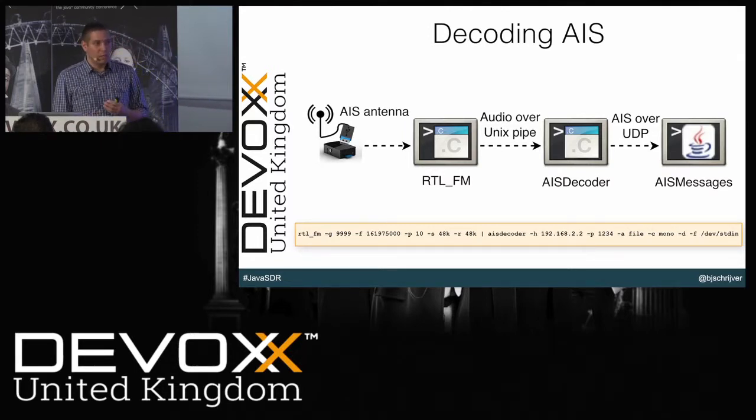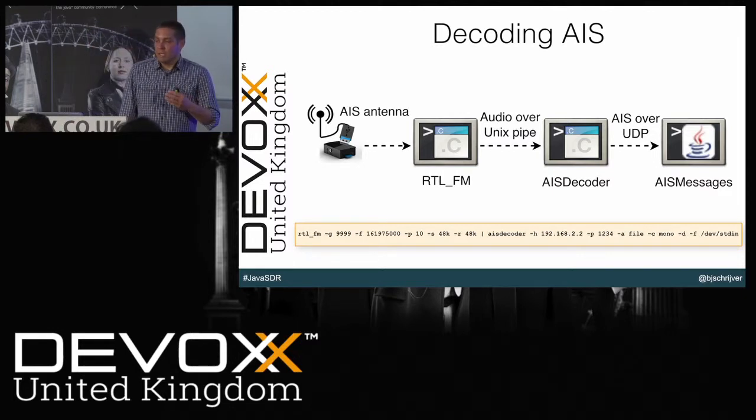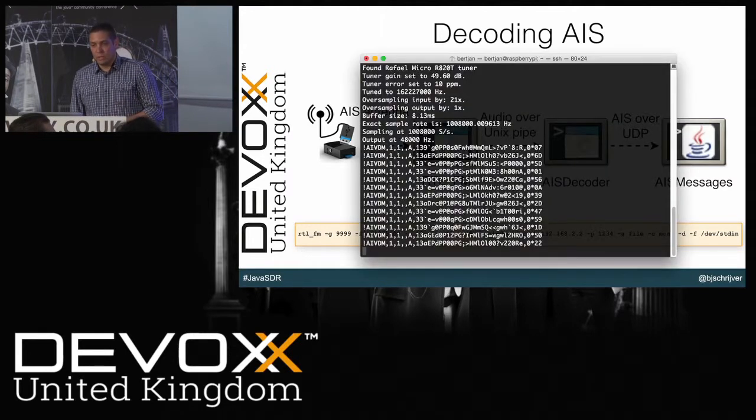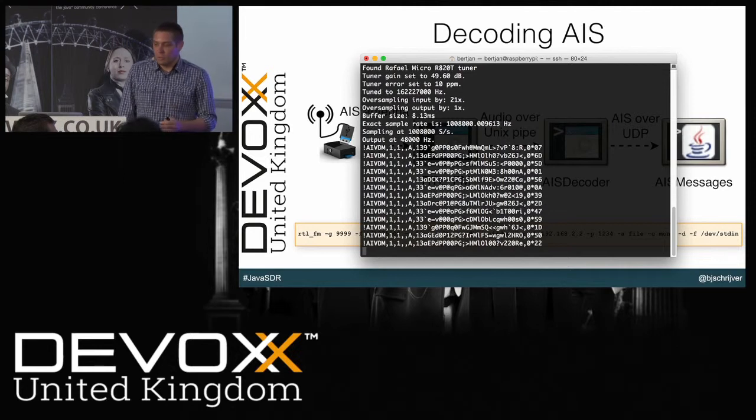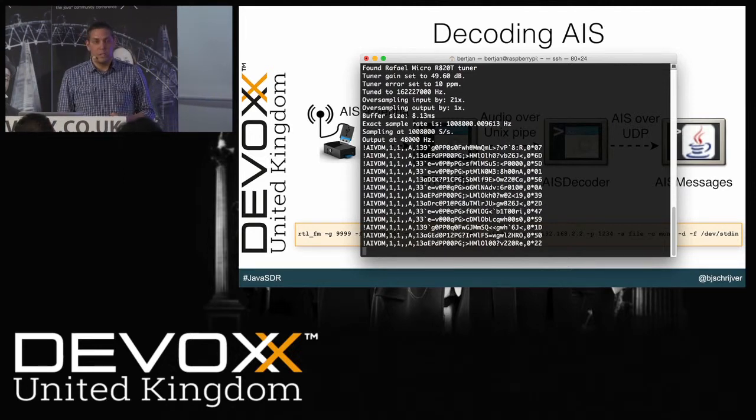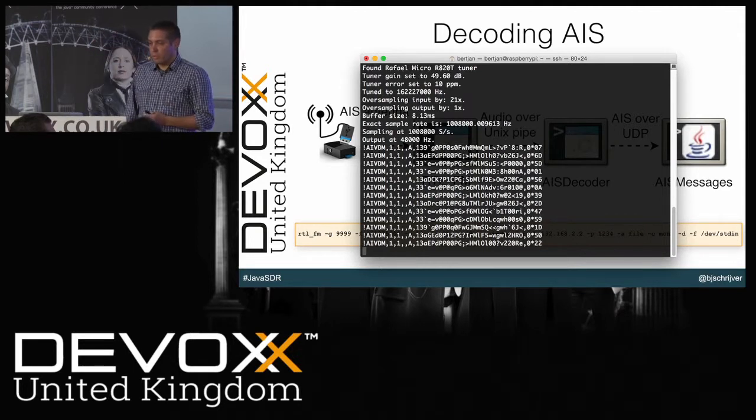So I created a small Java app which opens a UDP socket, and the AIS messages get transmitted to that socket. So the messages look like this. They're prefixed with AIVDM, which means, hello, I'm an NMEA message, and it's AIS. And then there's a decoded string, which you'll see decoded pretty soon.